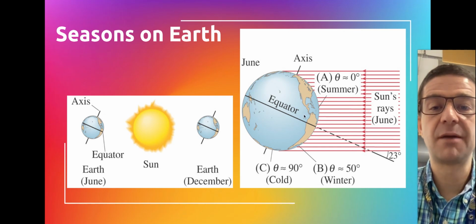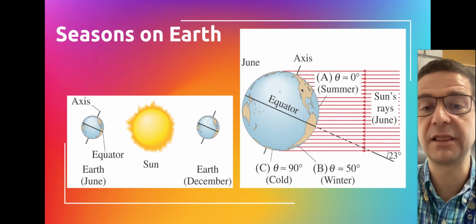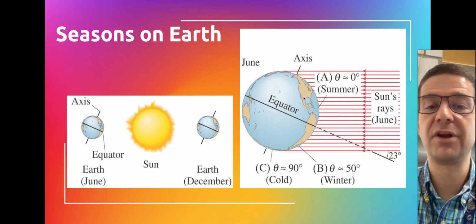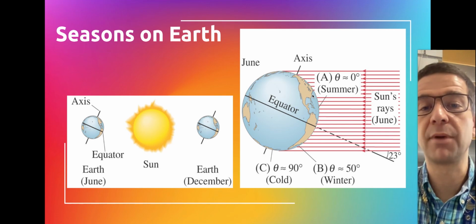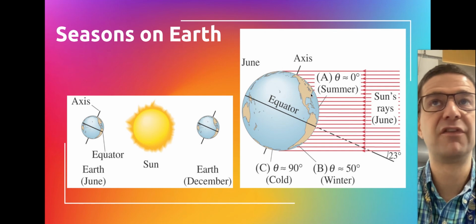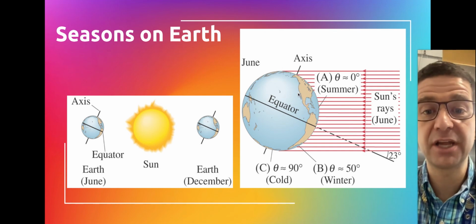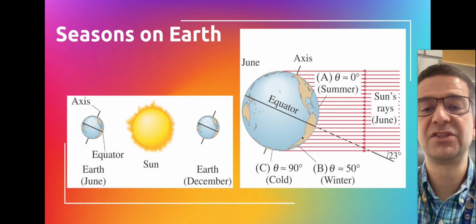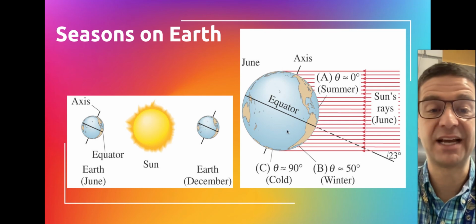During summer in the northern hemisphere, the northern part of the Earth receives more direct and more total sunlight, which causes the northern half of the Earth to become warmer during the months of May, June, July, and August, whereas the southern half of the Earth is generally cooler at that time.